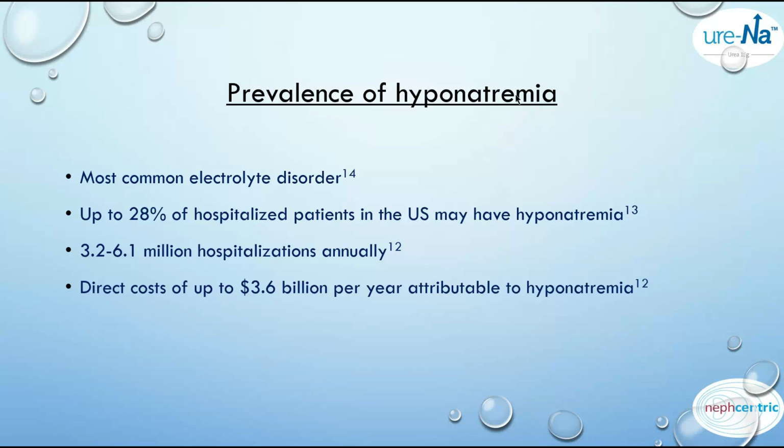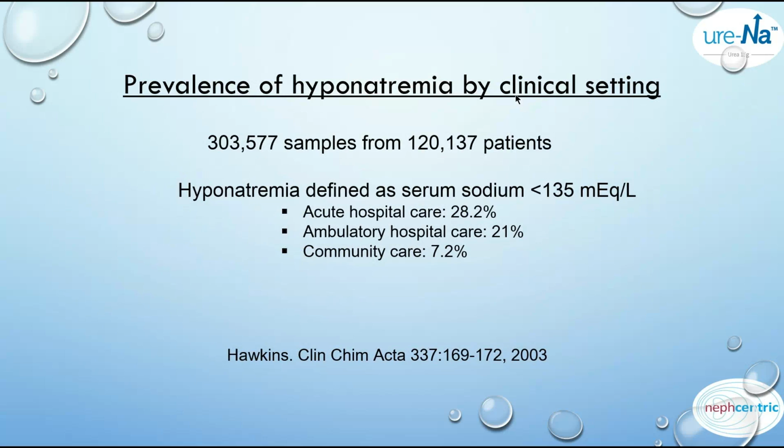In the next few slides, we will review the demographics and the burden of disease, followed by causes of hyponatremia and some of the new treatment strategies with oral urea. So in this slide, the prevalence of hyponatremia is well depicted. In a large 120,000 patient study, they found up to 28% of hospitalized patients may have hyponatremia.